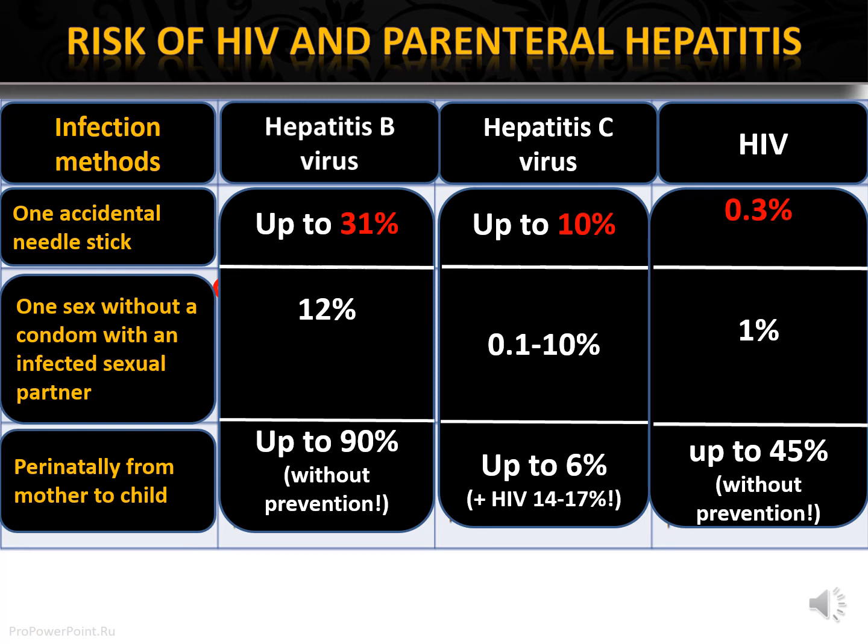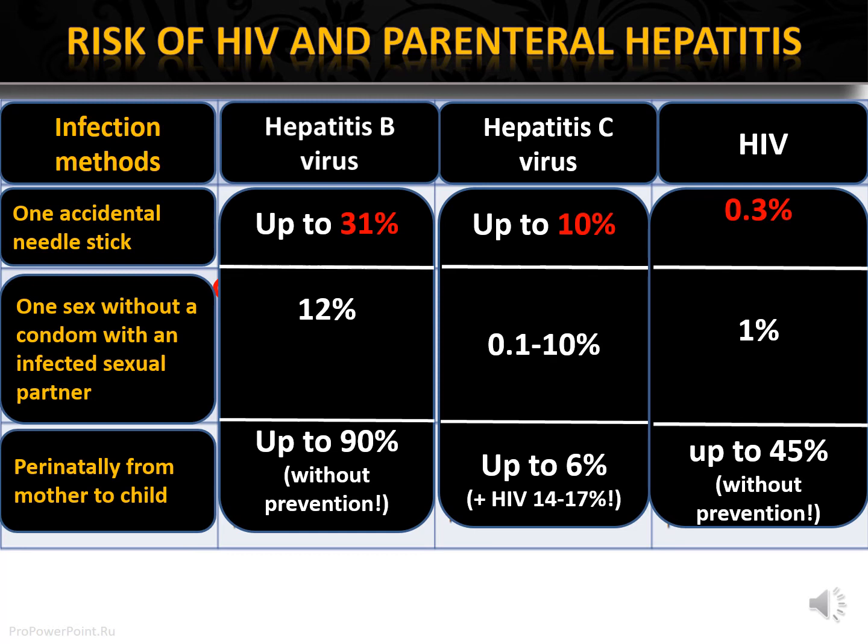And you see situation number 3, when we describe parenteral transmission from mother to child. When we describe an infected mother, of course, with hepatitis B, C, or maybe HIV infection, you see that hepatitis B is the leader without prevention for the child in this situation, or HIV is the leader without prevention, when our mother receives different drugs for protecting the child.